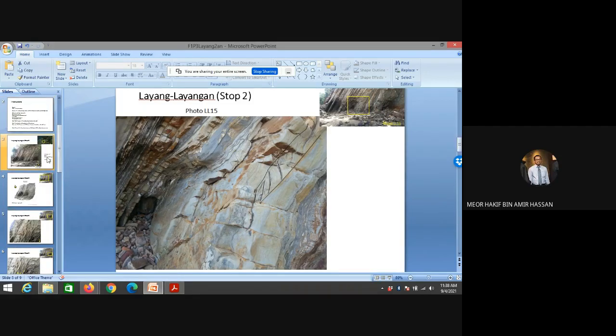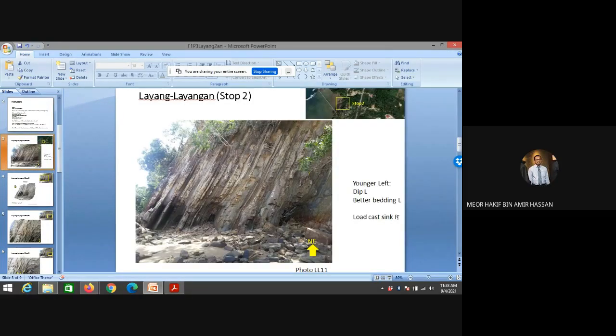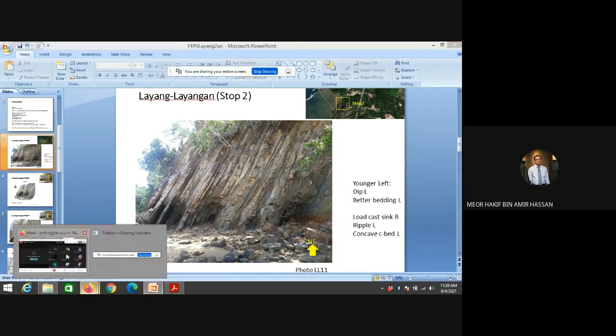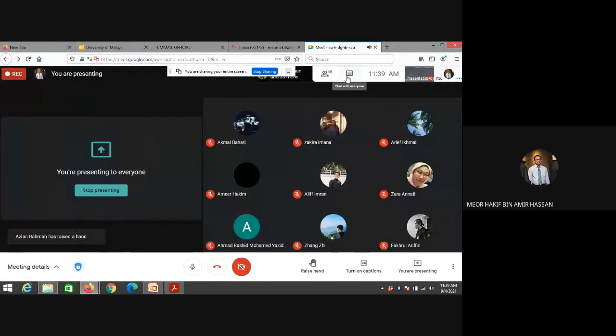Okay, let's go back to our list. Load cast sinking towards the right. Ripple crest towards the left. Concave cross beds towards the left. Okay. Oh, right. There is a message here. Why, Azlan?